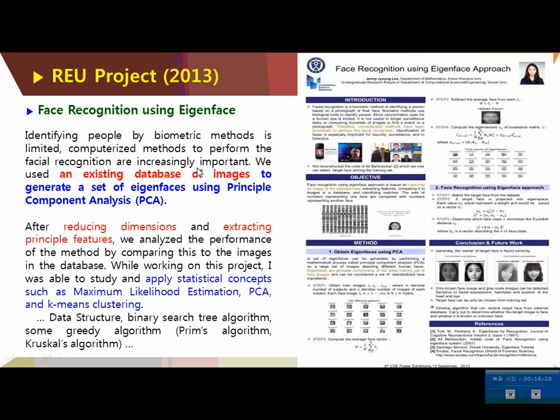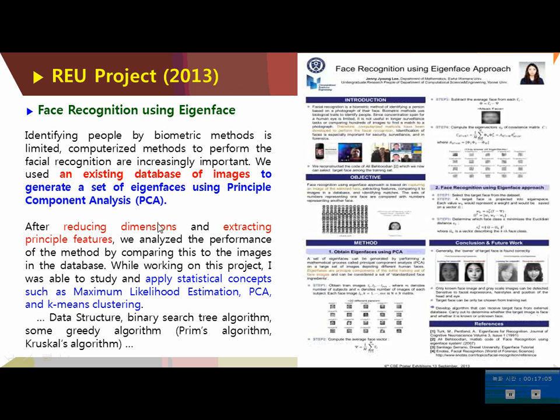Actually, a couple of years ago, this was a research experience for an undergraduate math major. It was a junior student who actually used the eigen face approach for face recognition. Face recognition using eigen faces: identifying people by biometric methods is limited, and computerized methods to perform facial recognition are increasingly important. We used an existing database of images to generate a set of eigenfaces using principal component analysis.